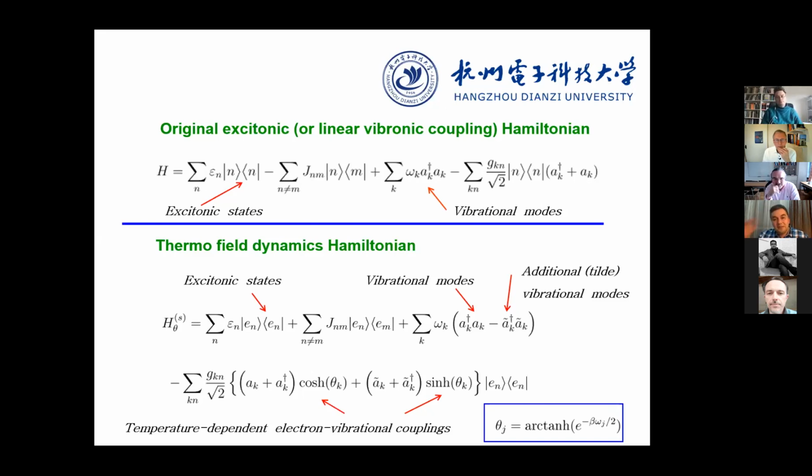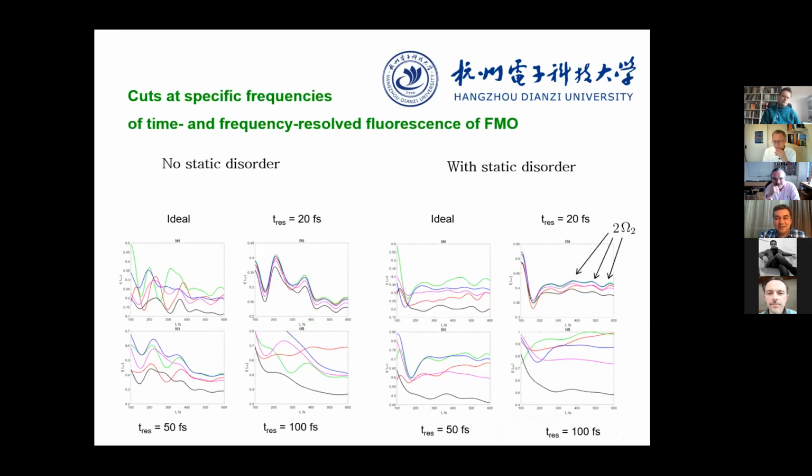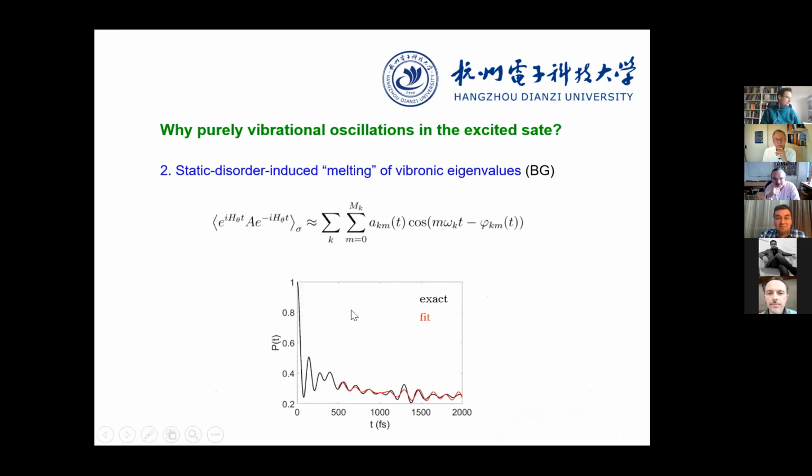In principle, the oscillations are excitonic, and these purely vibrational oscillations come exactly due to the averaging, due to the static disorder. In this simple setting, you can think of static disorder as an ensemble of, for example, FMO mutants, as Greg Scholes did experiments. Every realization of static disorder is just a different mutant of FMO.